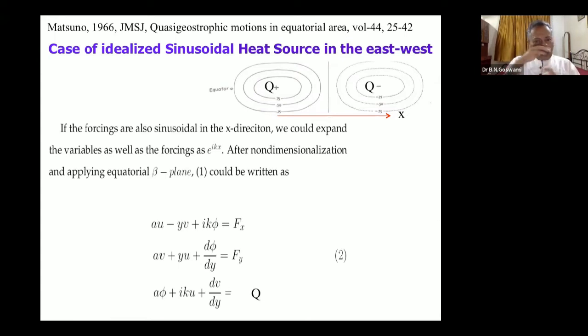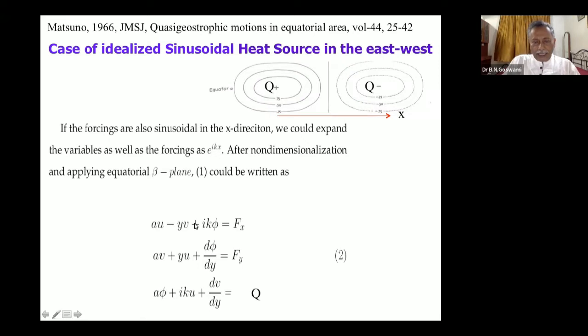So in this case, the forcing can be, so now in the equations of motion you will assume that the forcing has a periodic structure in the space direction. Therefore, you can write all the variables also as e to the power ikx, and therefore the basic set of equations can now be written in this form for the amplitude functions.